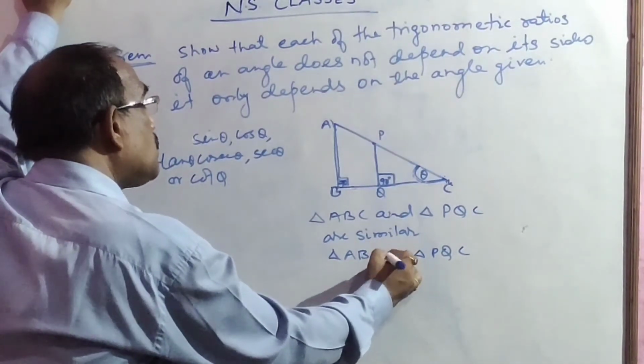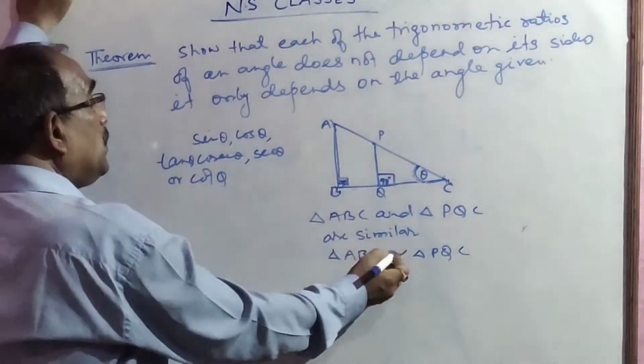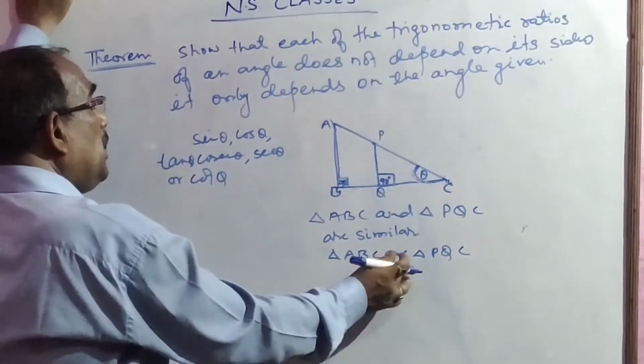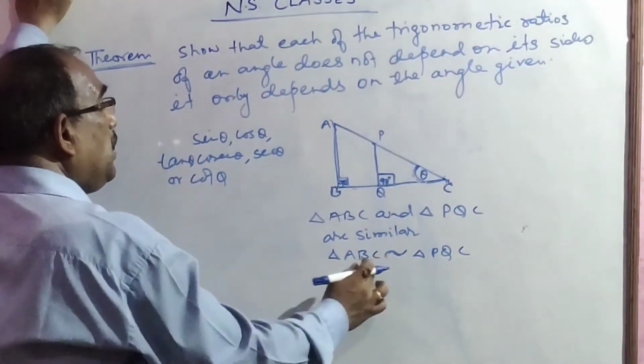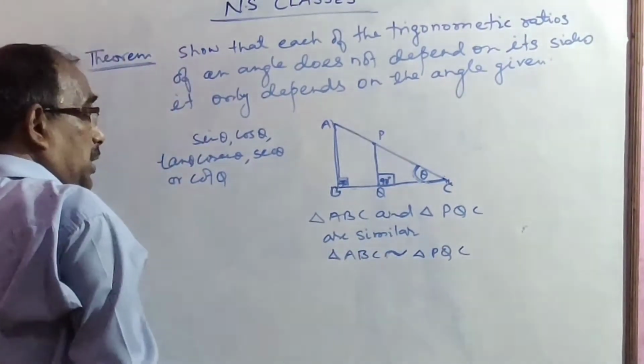This is the symbol for similar triangles, the symbol of similarity.